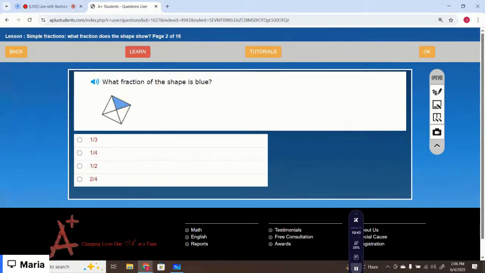What fraction of the shape is blue? That is one out of four. Option number two is the correct option. The shape has four equal parts, and one of the parts is blue, so that is one out of four.